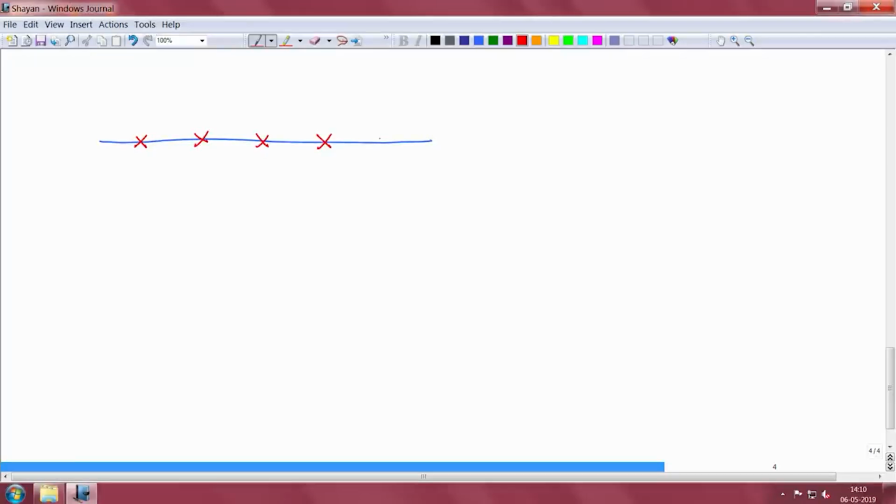This belongs to one class, and I will use a different color, maybe green, and I have all these circles that are interspersed between these crosses, and they belong to another class. This is class 1, and this is class 2.